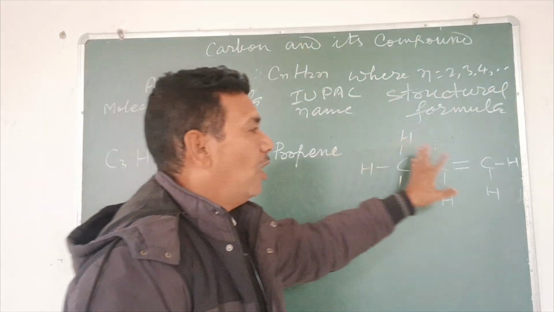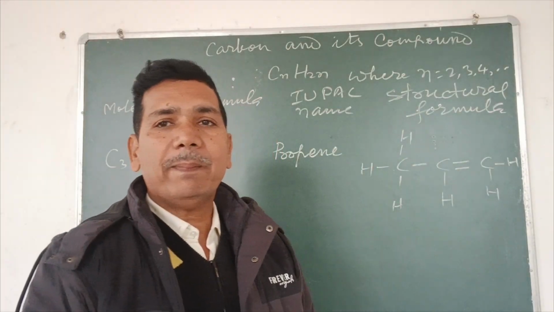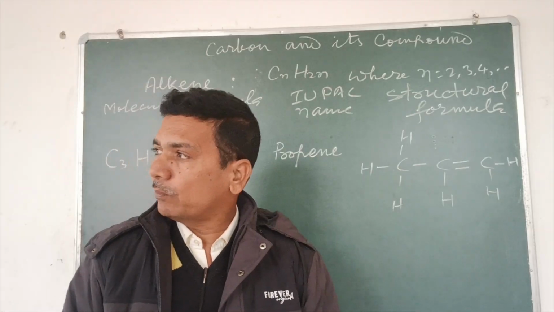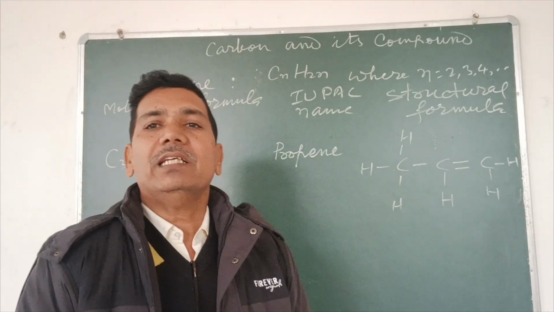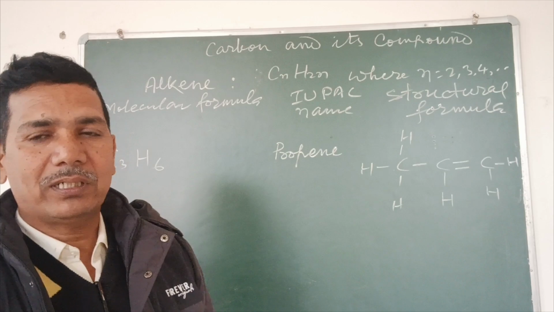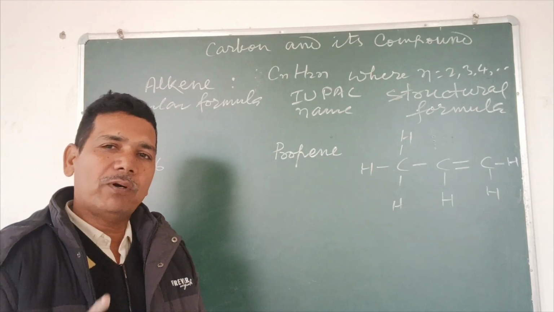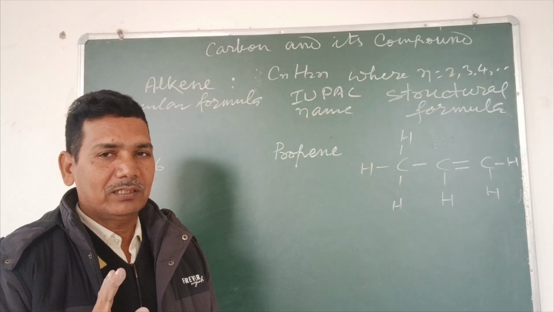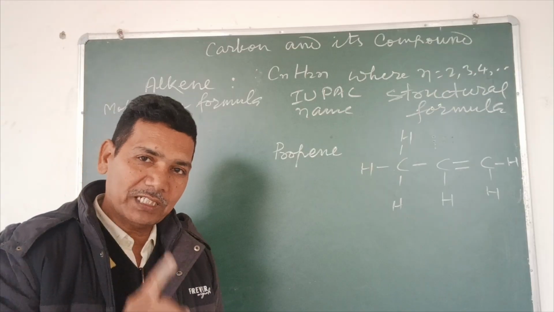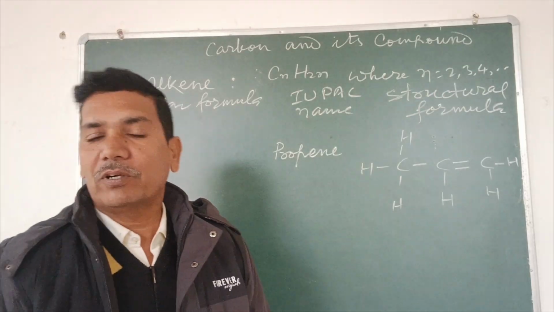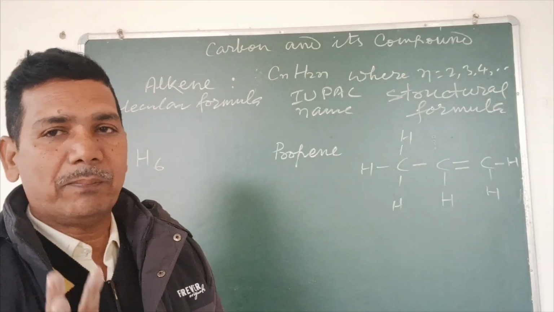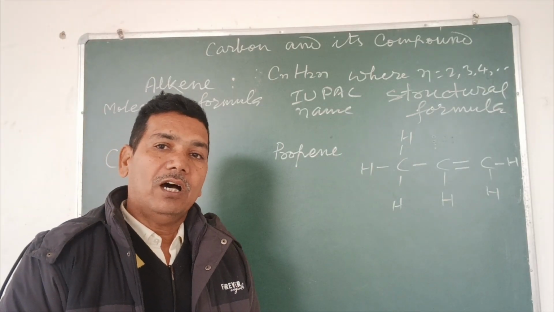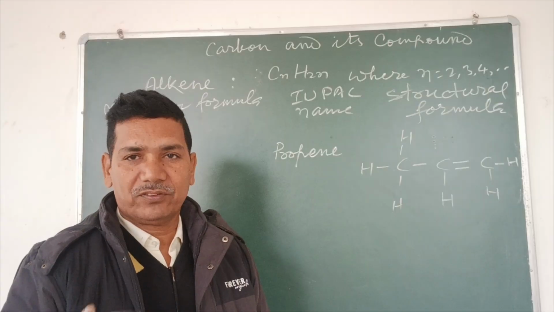This group is an unsaturated hydrocarbon. Why? In a hydrocarbon, if all the bonds are not single, then it is an unsaturated hydrocarbon. At least one bond must be double or triple. But in a saturated hydrocarbon, all the bonds are single. So the compounds of the alkene group are all unsaturated hydrocarbons.